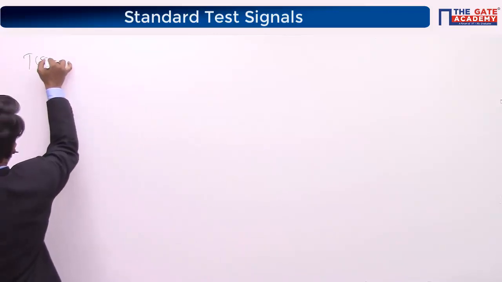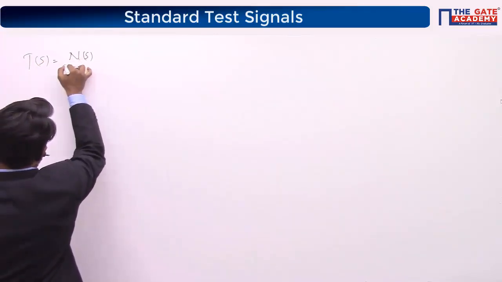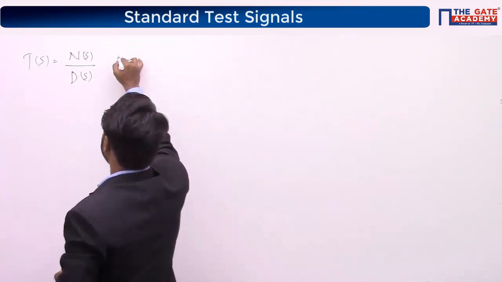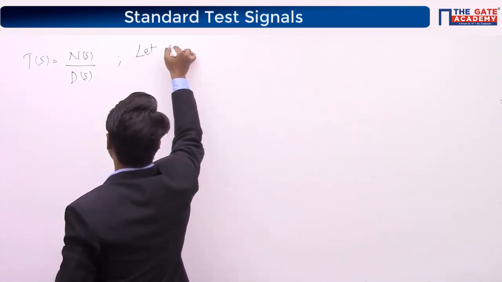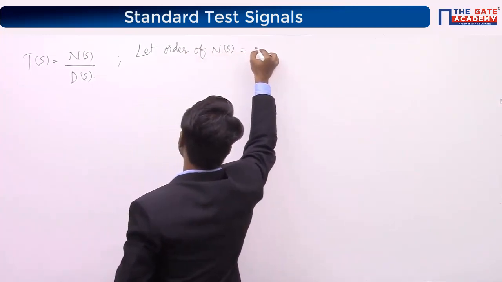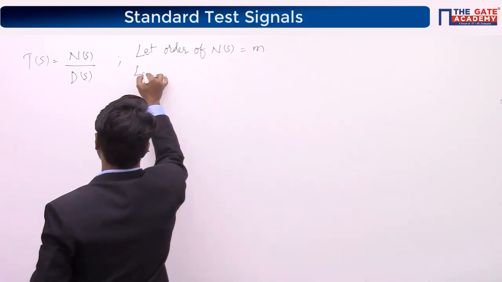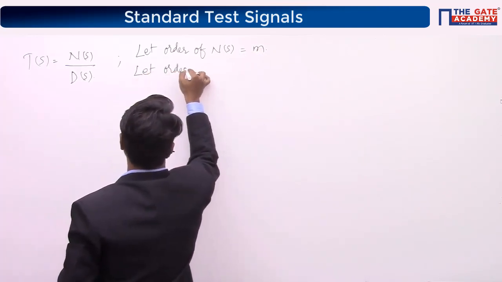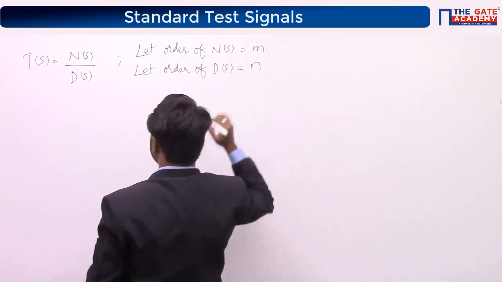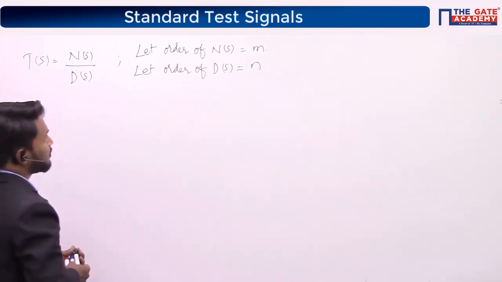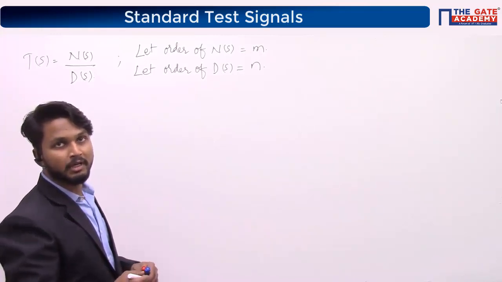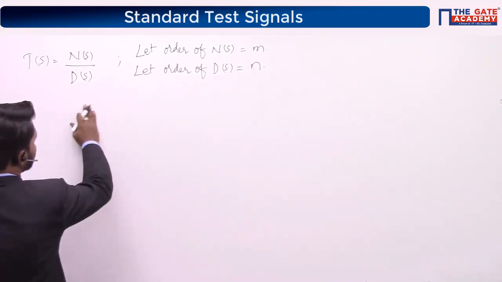We have T of S equal to a numerator polynomial of S upon denominator polynomial of S. Let the order of the numerator polynomial be M, and let the order of the denominator polynomial be N. So see here, order of numerator polynomial is M and order of denominator polynomial is N, right? Is it clear, Shivani Sharma, or else still any doubt?